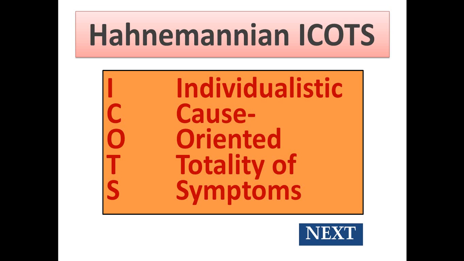Temporal contiguity. Temporal means timing. Contiguity means one after another. So if this took place in 1999, this took place in 2002, then what took place in 2002 cannot be a cause of what took place in 1999, because cause must have happened earlier.